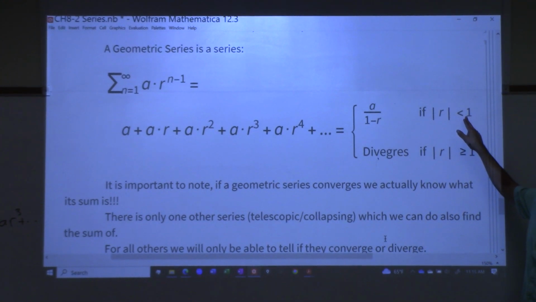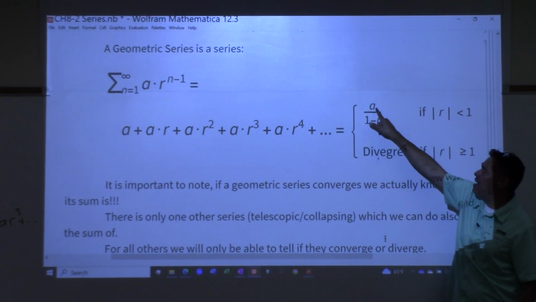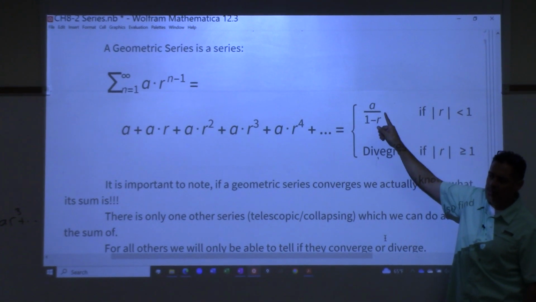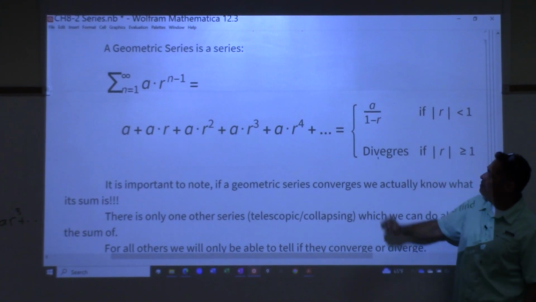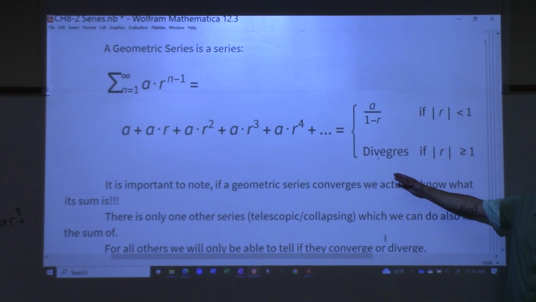And we actually can say exactly what it converges to. It will converge to this number, a over 1 minus r. Normally I prove this, all right, but just time constraints, I'm not going to. Now, if the absolute value of r is bigger than or equal to 1, then we will have divergence. It'll diverge.